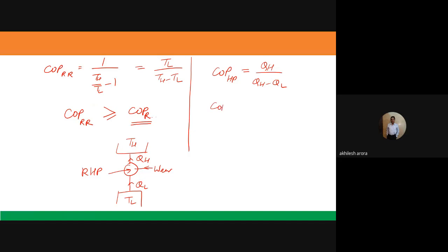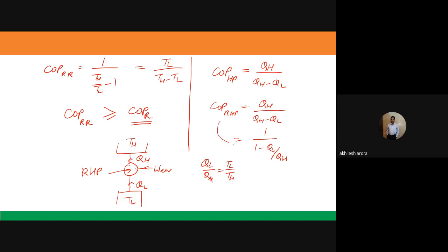But if it is a COP of a reversible heat pump, initially I will use the same expression, but later on I can write it as 1 over 1 minus QL by QH. And I know for a reversible case, QL by QH equals TL by TH.